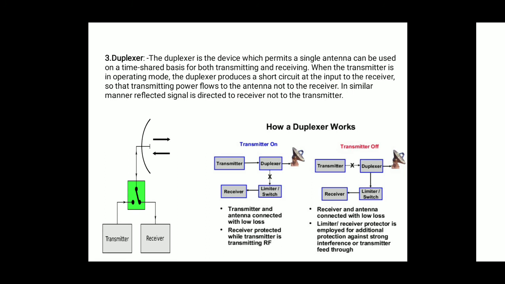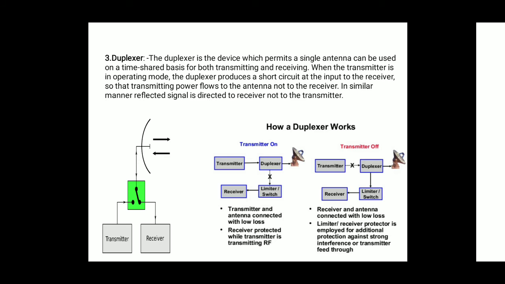When we transmit the signal toward the antenna, the duplexer is switched on for the transmitter and switched off for the receiver side. In a similar case, when we receive the signal from the antenna, we switch on toward the receiver side and switch off toward the transmitting side.